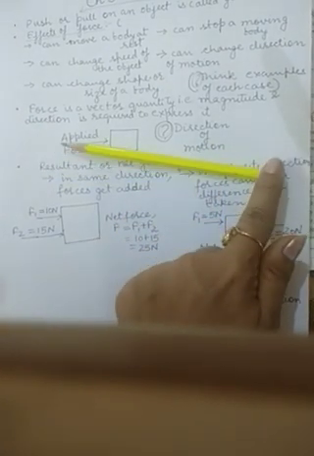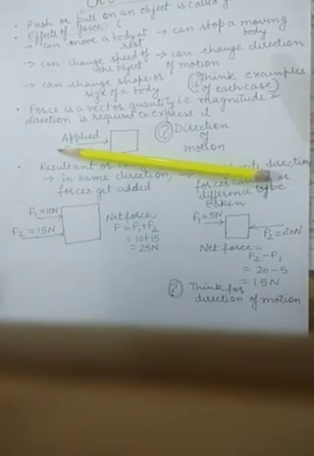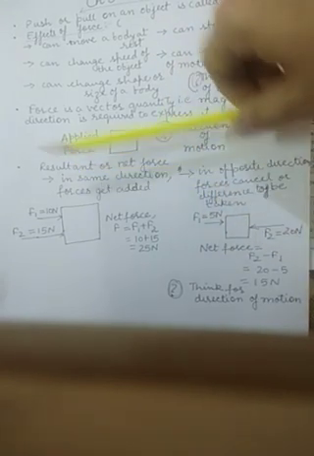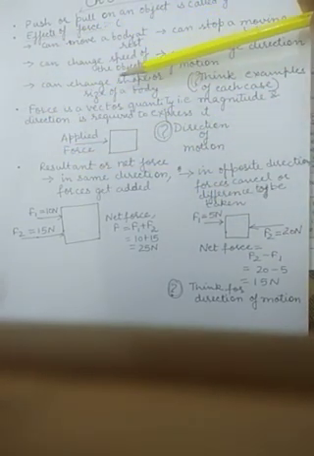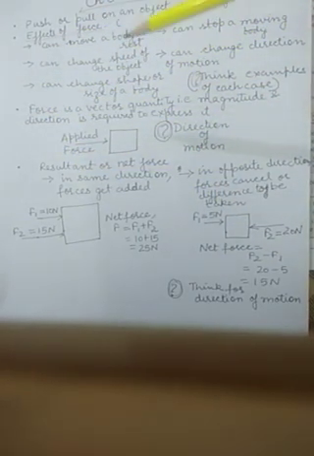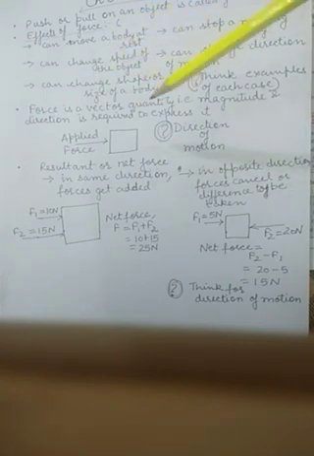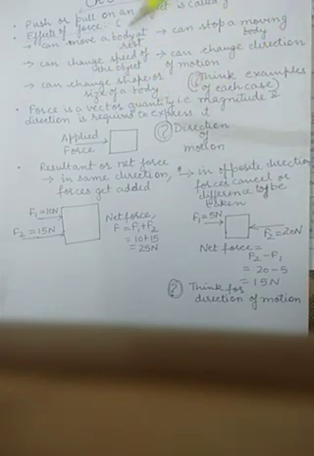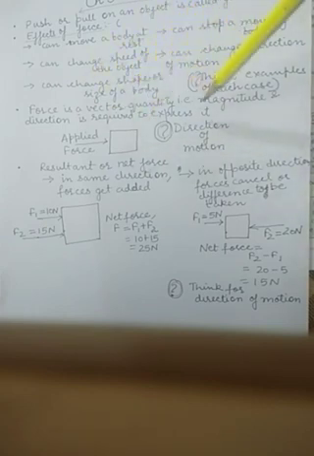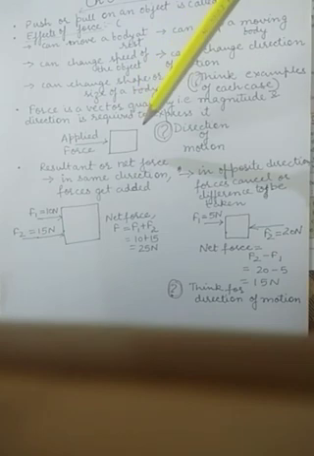So while applying the force, we have to think about the direction also, in what direction we are exerting force. So it is said that force is a vector quantity. Vector means something which requires both magnitude as well as direction.